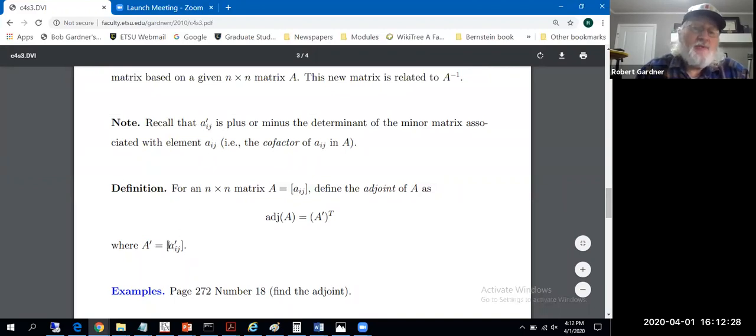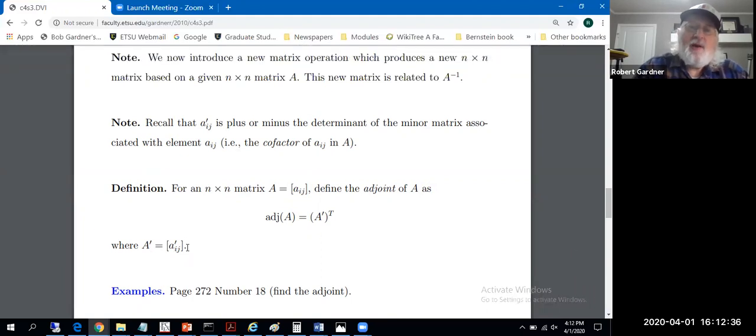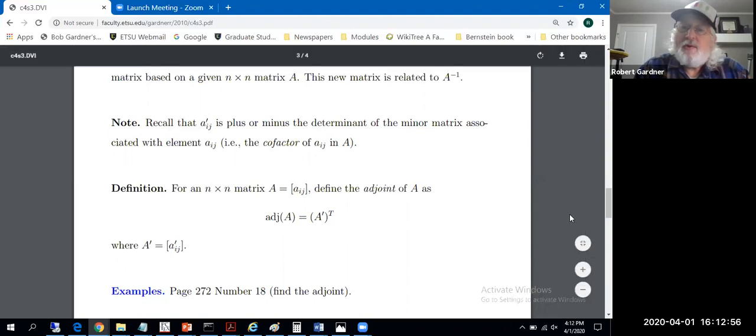A11 prime goes into the 1,1 entry of this matrix, and so forth. So we'll make a matrix of cofactors, call that A prime. The transpose of that matrix of cofactors, that's the adjoint of matrix A. So this doesn't involve anything we haven't done before. We've found minor matrices, we've found cofactors, we've done transposes, we've just never linked them all together as we're doing here.